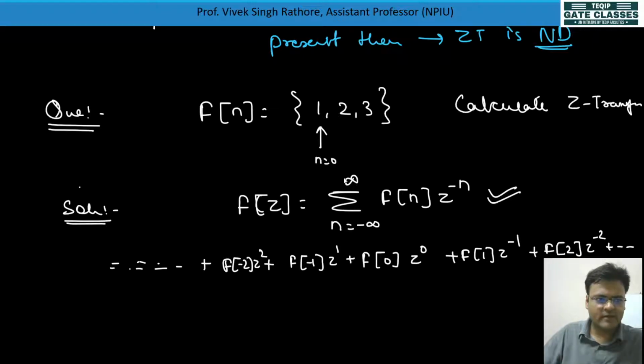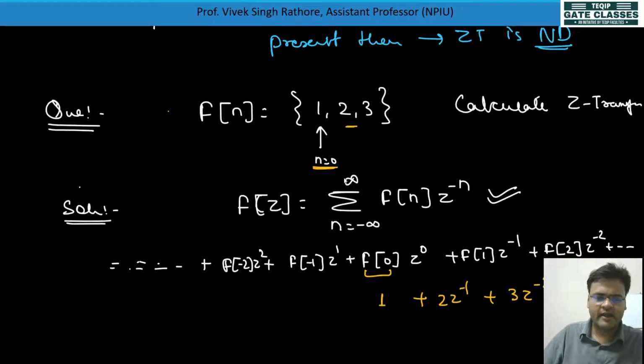Now see, f of n into z to the power minus n. You know f of n for n equal to 0, for n equal to 1. For this question, f of 0 is 1, and z to the power 0 is 1. Here f of 1 is 2, with z to the power minus 1, plus 3 z to the power minus 2.